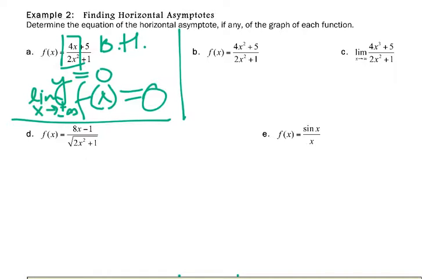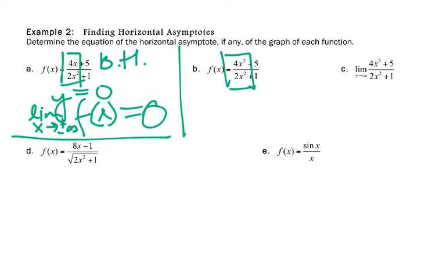Alright, next up, let's look at B. And the degree here is balanced. So we divide, and we get y equals 2, because 4 over 2 is 2, and the x squareds cancel, because it's balanced. So again, this means as x goes to positive infinity, as x goes to negative infinity, our function is approaching 2.